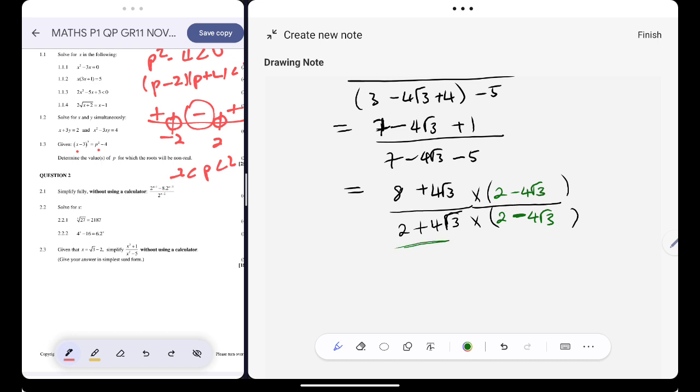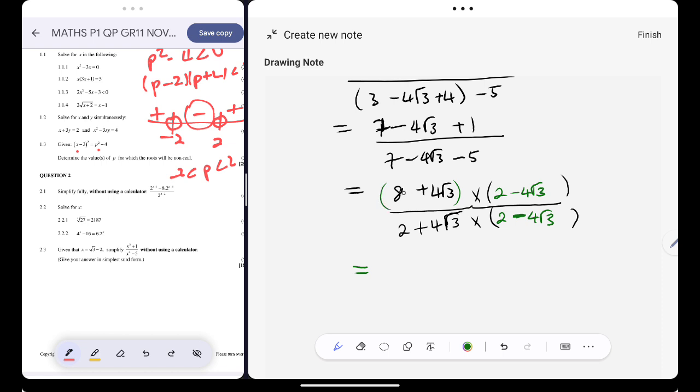I'll just take the same thing but change the sign in between, just to create the difference of two squares. That's how we remove surds at the denominator. This process is called rationalizing. I think lesson 7 deals with it properly.